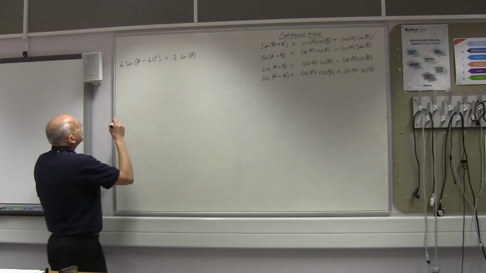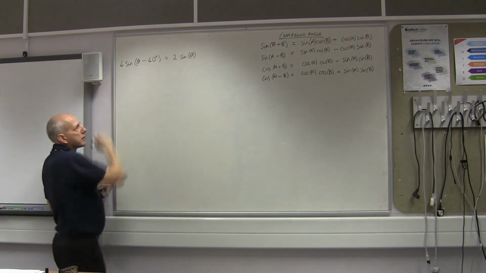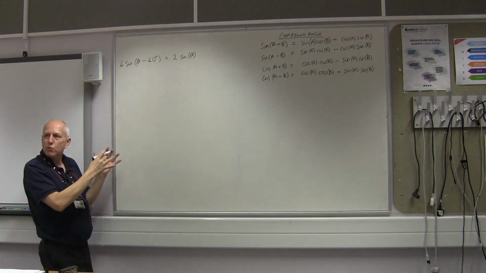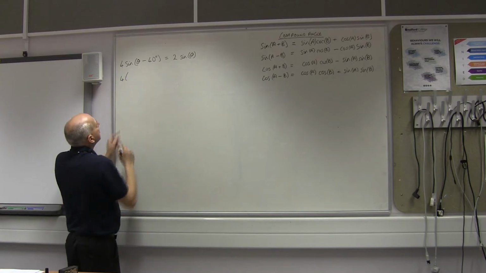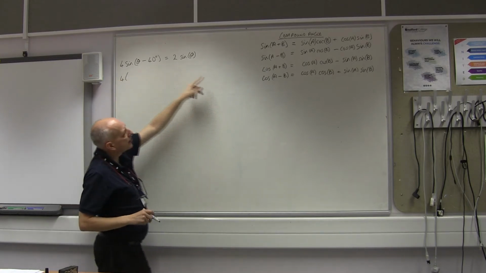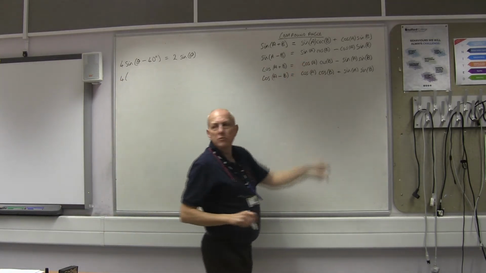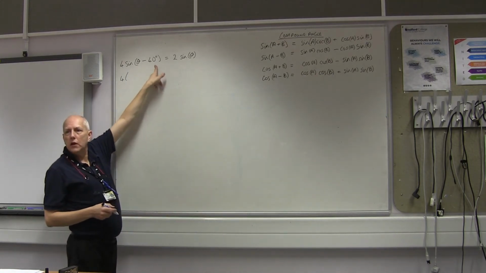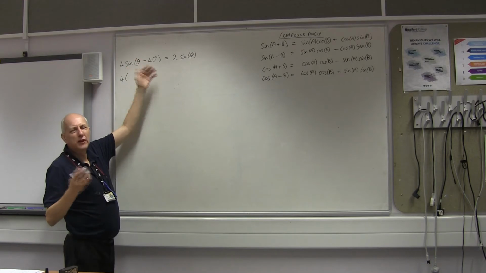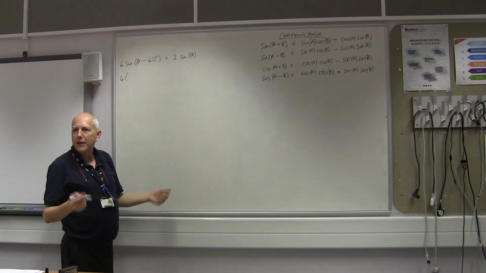Okay, so let's have a look. There's no formula with a 4 in front, you'll notice, so I have to take that outside in brackets. And then I'm going to expand this term out. Obviously this is A and this is B in the formula. They could be labelled anything: X, Y, alpha, beta, whatever.